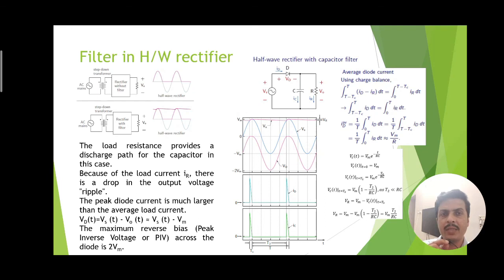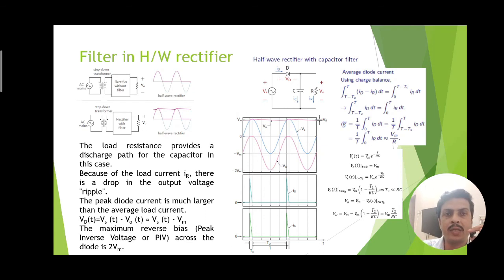The peak diode current is much larger than the average load current. So Vd is equal to Vs minus V0t, the source voltage minus the peak voltage of the input signal. Therefore, the maximum reverse bias across the diode is two times the peak value of the input voltage. This is obvious, because if we check a particular diode when it is conducting, the load voltage reaches the maximum input voltage.